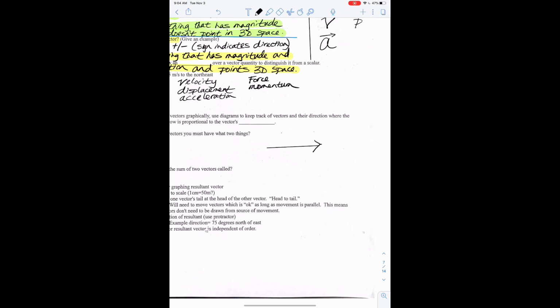So for instance, if this vector represented the velocity 4 meters per second to the right or east, if east is right, then a vector that was, say, 2 meters per second would be half of this.